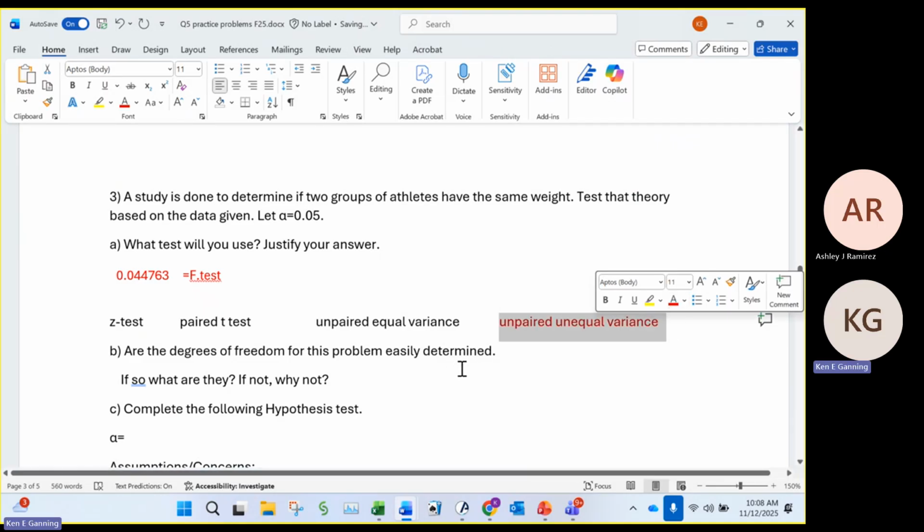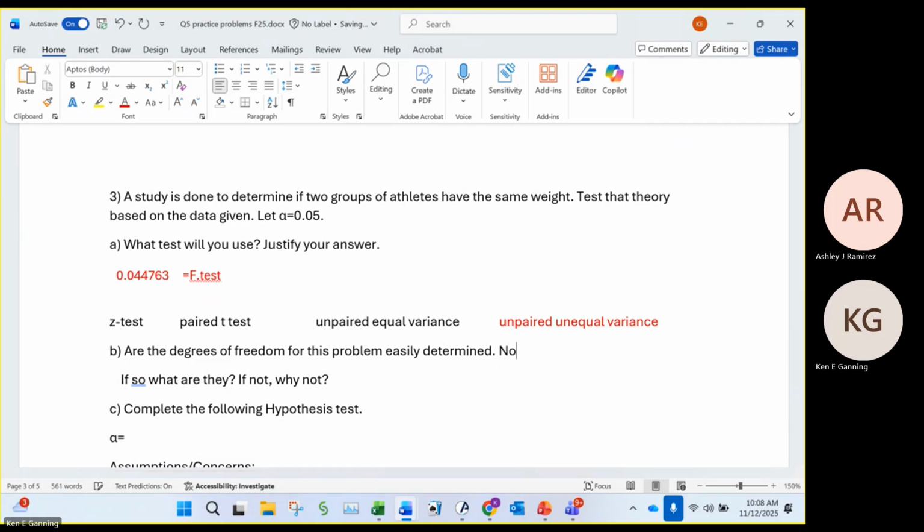Are degrees of freedom easily determined? No. And the reason is the formula in this case is very complicated.